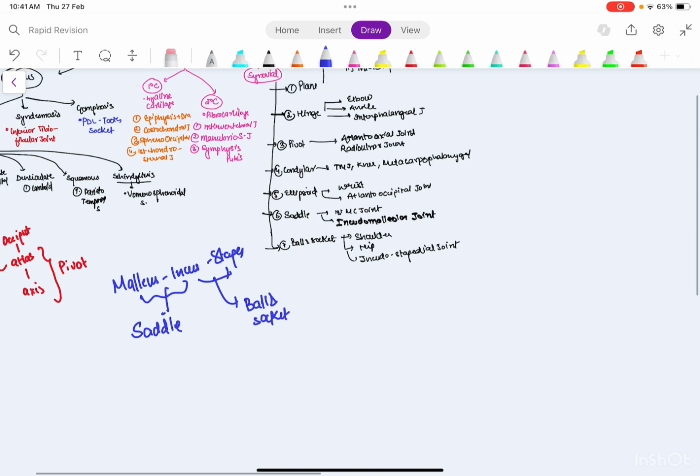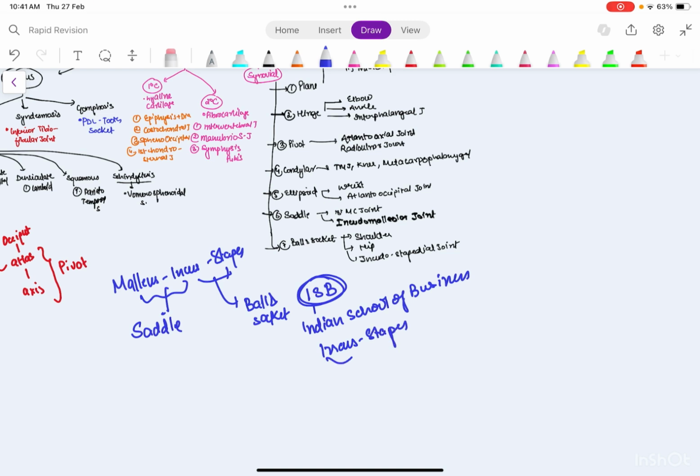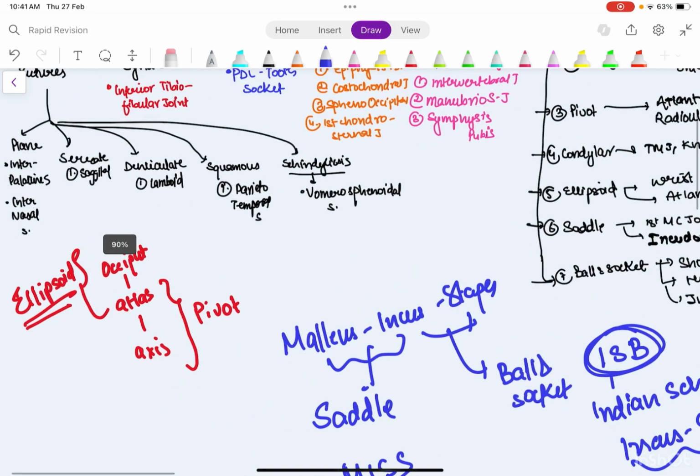If you ever get confused, just remember ISB. This is like Indian School of Business, right? Through this you can remember that incus and stapes have ball and socket joint, and this you can remember by MIS. So malleus and incus have saddle joint.